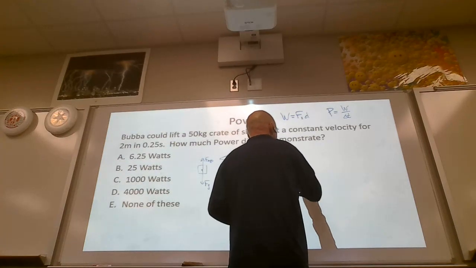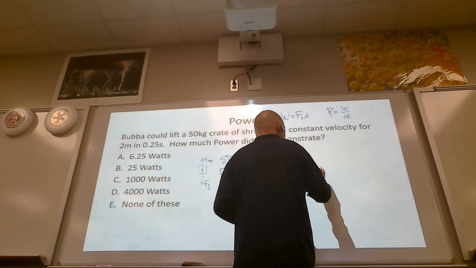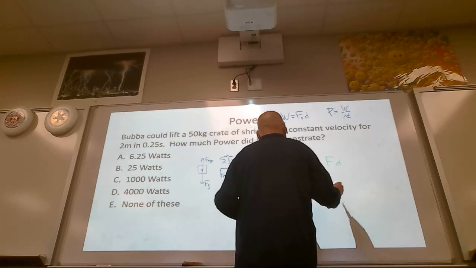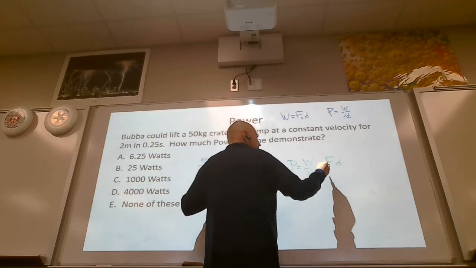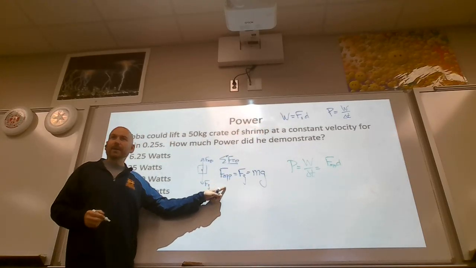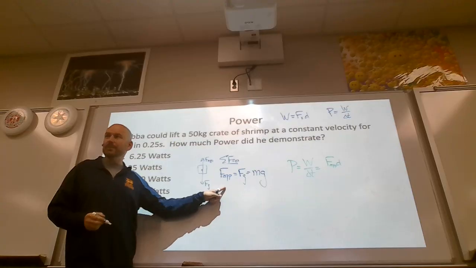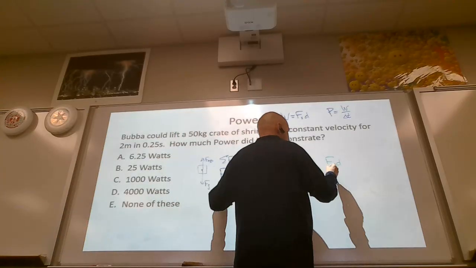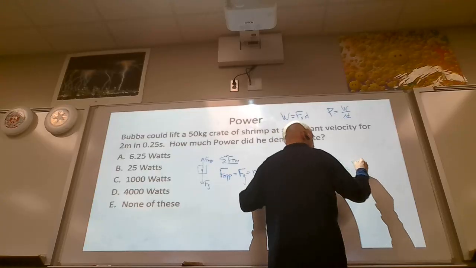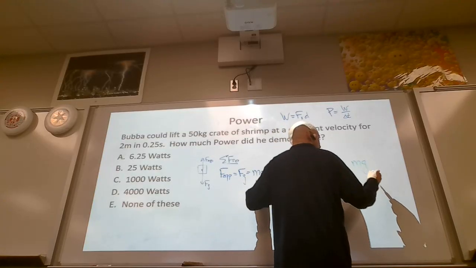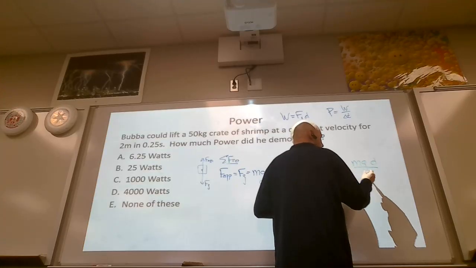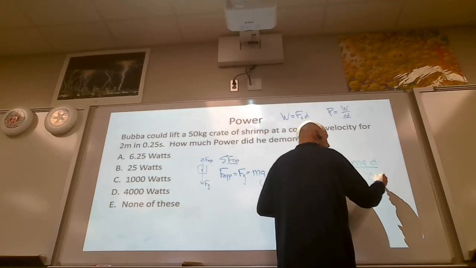We know power is equal to work over time, and work is equal to force times distance. We're looking for Bubba's power, so applied force, which is parallel to the direction of motion, times distance of 2 meters. Applied force is equal to your weight times your distance to get work over your time.